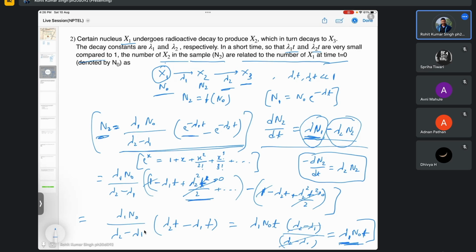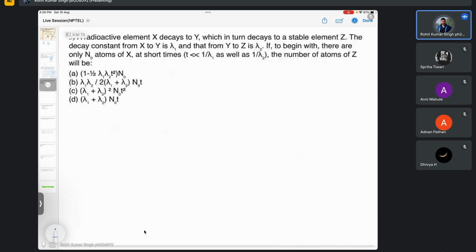Okay, let's go to the next problem then. It's again a similar kind of problem, but now we are concerned with the third sample in the chain.